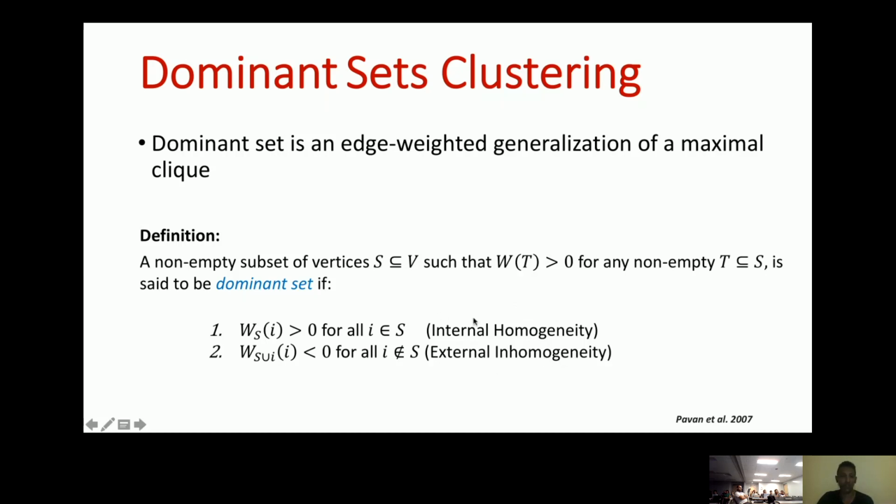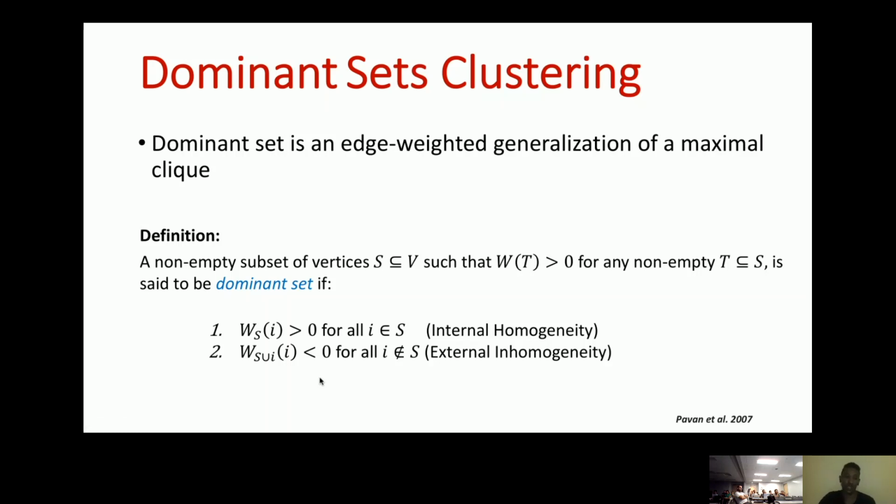When we say internal homogeneity, all the members of the subset S should have a positive weight, while all the vertices which are outside this subset S should have a negative weight. Now we are going to see the intuition behind these weights.